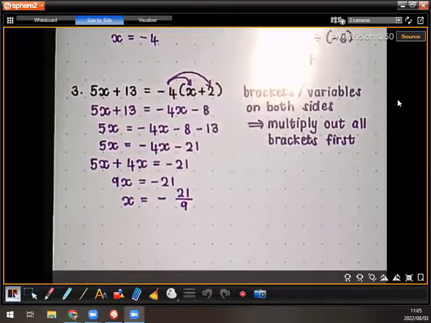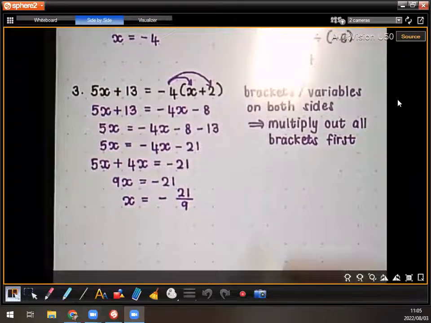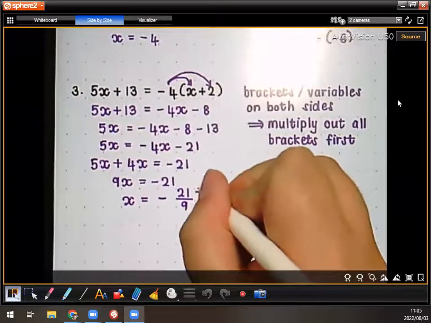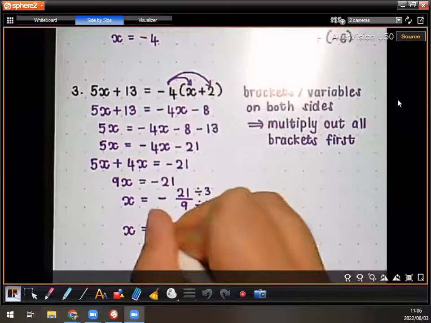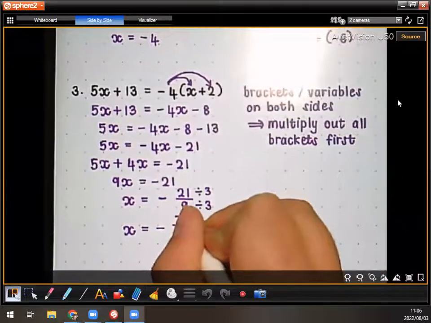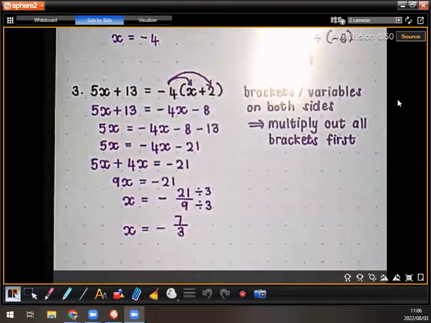You're dividing by. Is that simplest form? What number goes into 21 and 9? 3. Good. So divide by 3, divide by 3. So my x value is actually negative 7 over 3. Put that minus in front of a whole fraction, right?